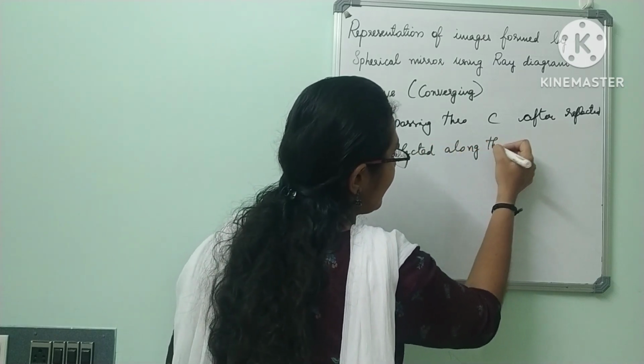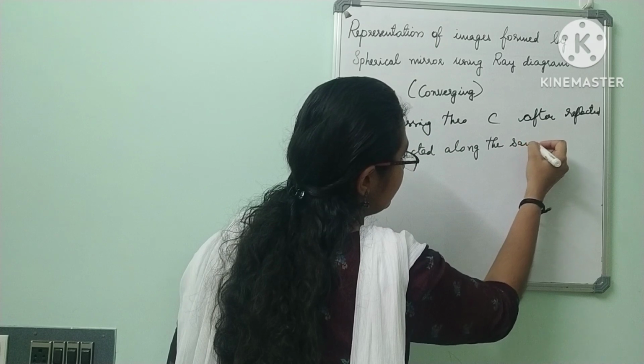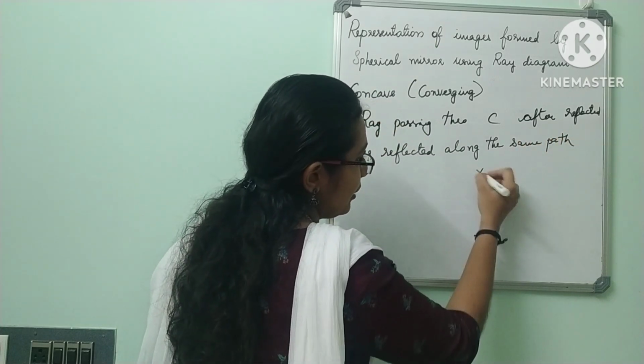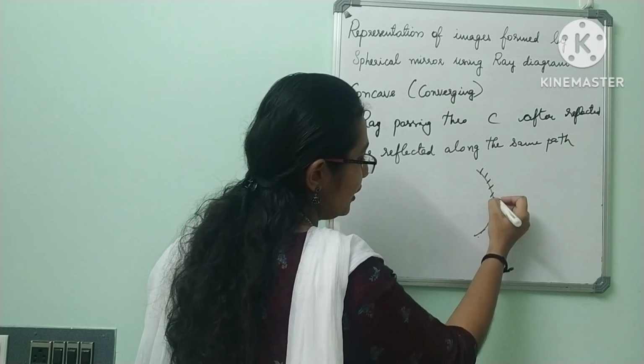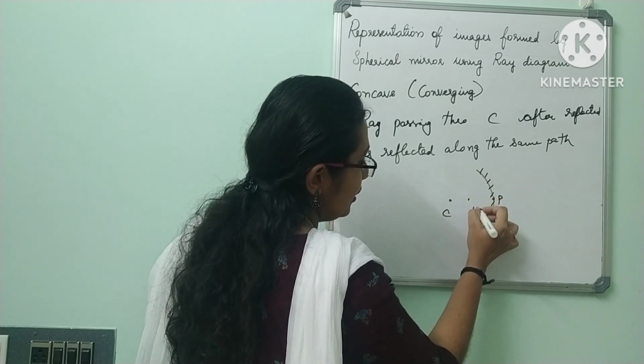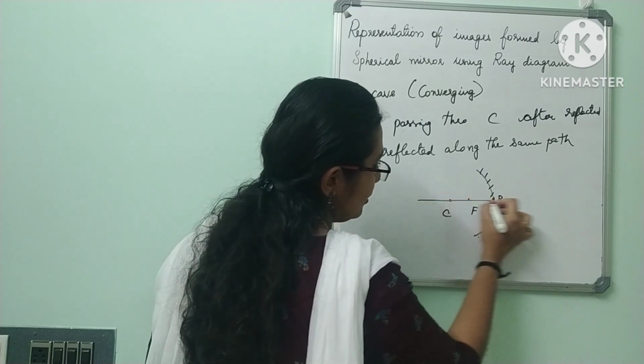Okay, so let us draw the ray diagram. So this is the concave mirror. We will locate the pole, center of curvature and focus. This is the principal axis.